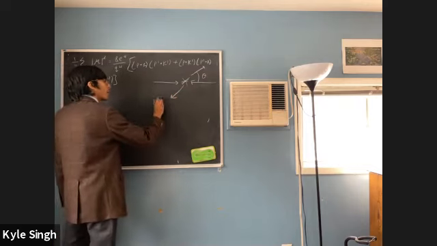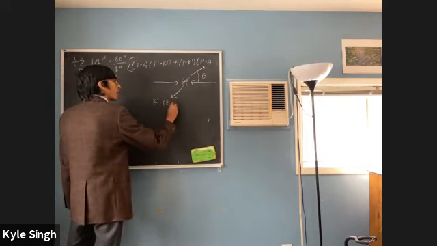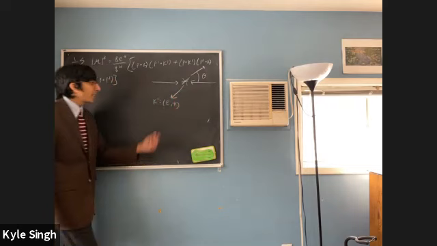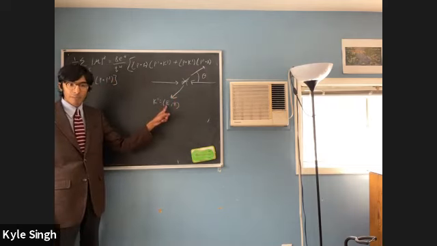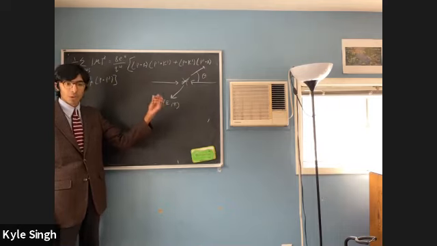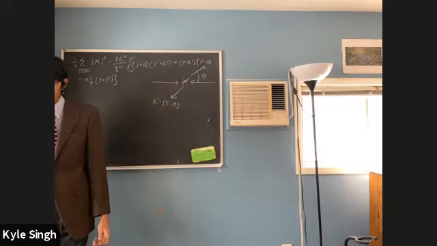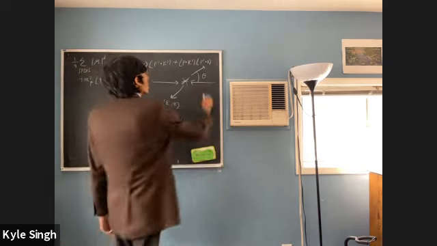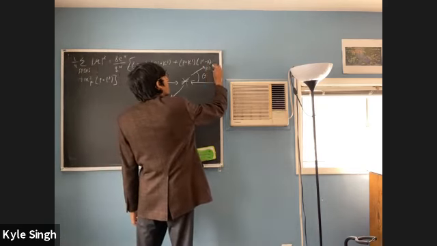K prime is equal to E minus K, right? This is the energy component of the 4 momentum, right? And then this is just the 3 spatial bits. K equals EK positive.